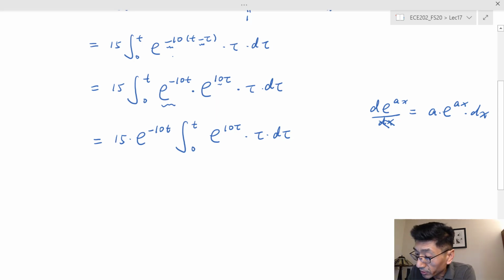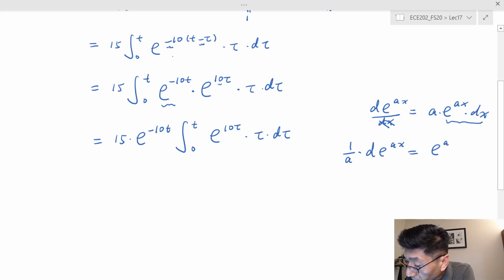I'm trying to get this term, so in this one here I have e to the ax, right? So what I do here is, this one would be equal to e to the ax times 1 over a, that's going to be equal to e to the ax dx.